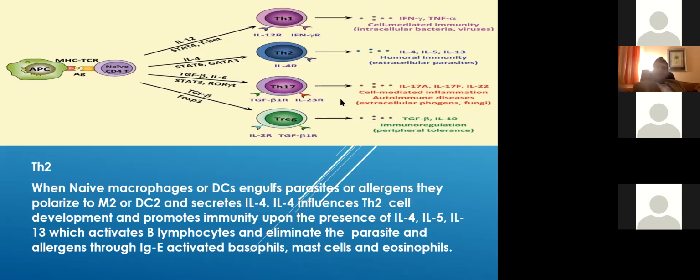If you see in your CBC that your eosinophil and basophil are high, that means you may have allergies or you may have a parasite infection. And so you need to come up with more investigations to find out if this is allergy or parasite. And we also know from here that the immune system is moving to M2, Th2.